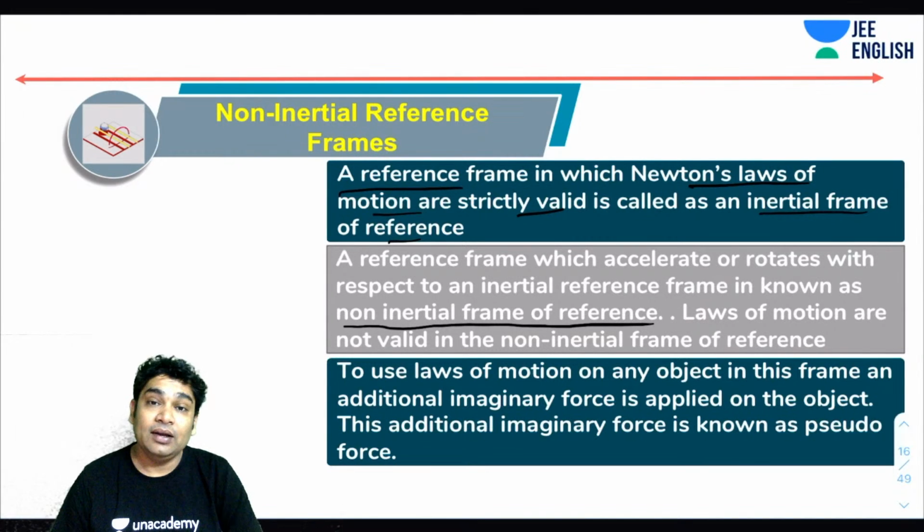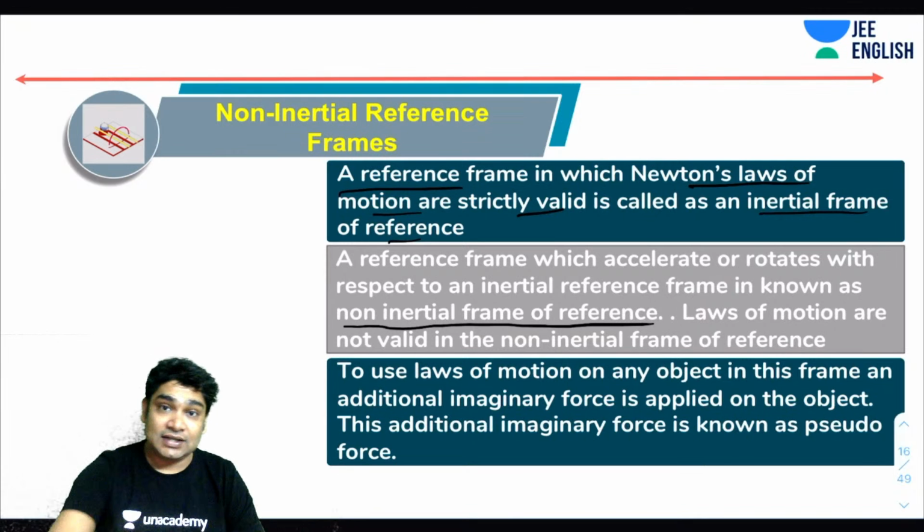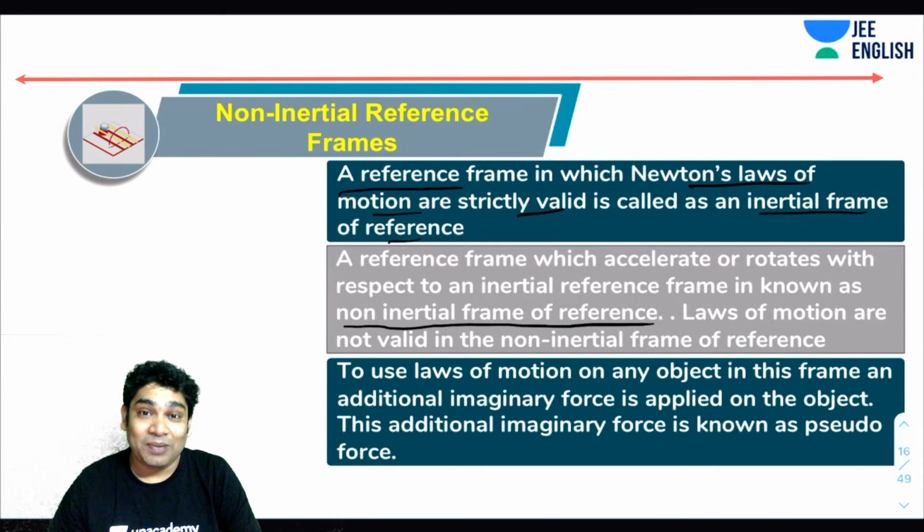Okay, we had already discussed this. So you cannot use your Newton's laws in non-inertial reference frames. But sometimes you may get stuck in a situation where you are in a non-inertial frame and you want to analyze the system. So how do we do that? For that, we make a small mathematical tweak. Okay.